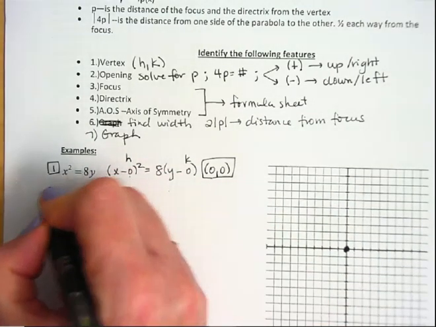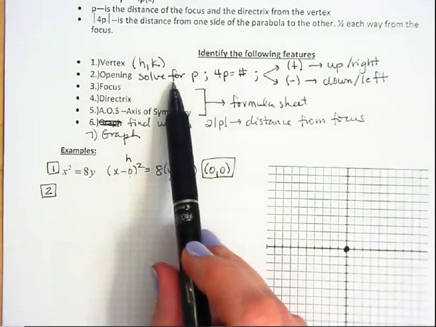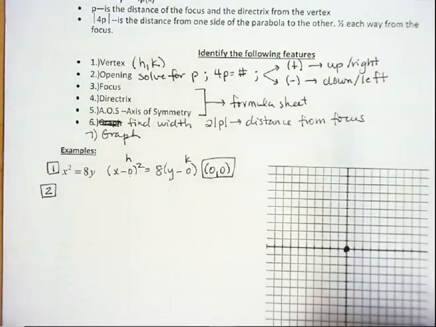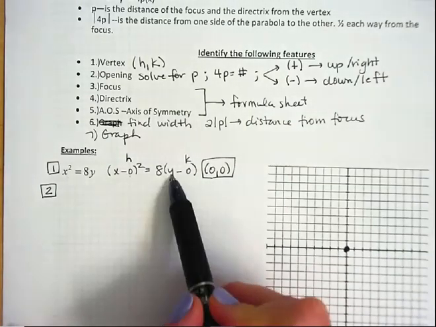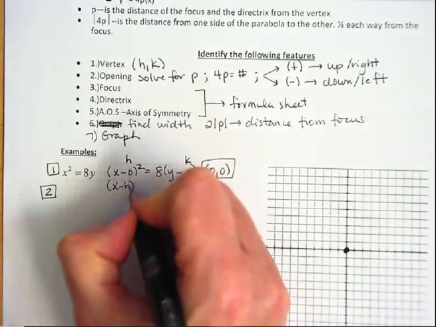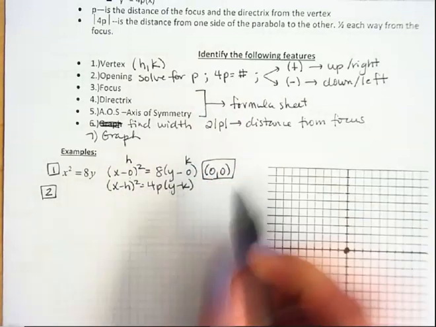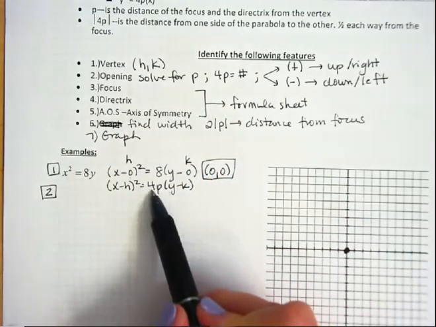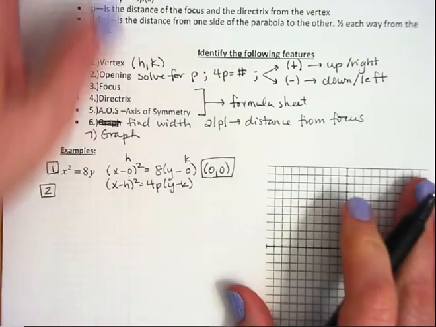And then in step 2, we're going to figure out what P is and use that for figuring out which way it opens. So here is my standard form. If you remember, the general standard form is this. So if you notice, in the general form we have 4P, and in our specific equation right here we have an 8 in that position.